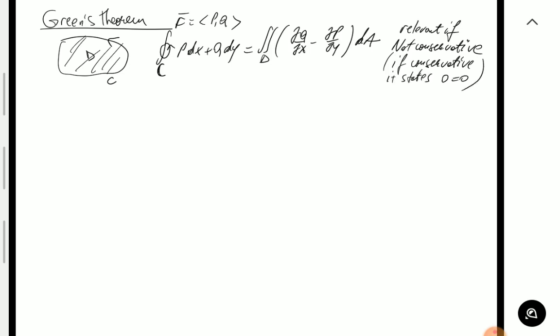So it's not useful. It's useful when it's not conservative, when the two quantities are not equal to 0 in general. And then you decide which one is more practical to use, left or right, to compute the same quantity. And remember the physical interpretation: the circulation around the boundary equals the totality of circulation inside the domain.